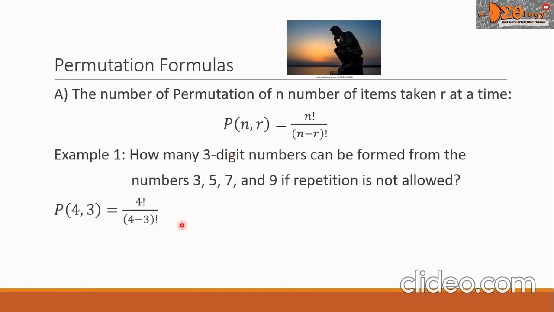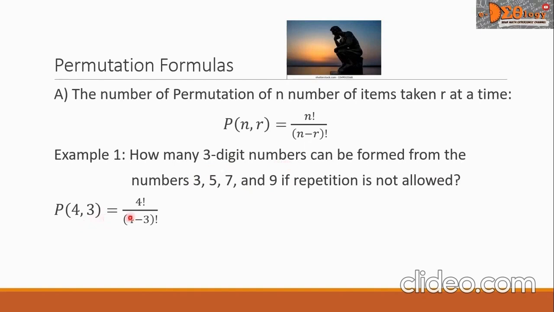Using this formula, let us now write P of 4 because there are 4 digits, namely 3, 5, 7, and 9, comma, and this is 3 because the required is 3-digit number.